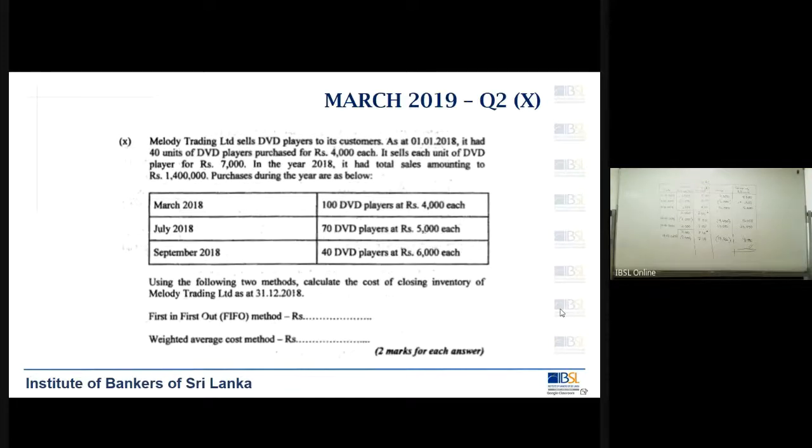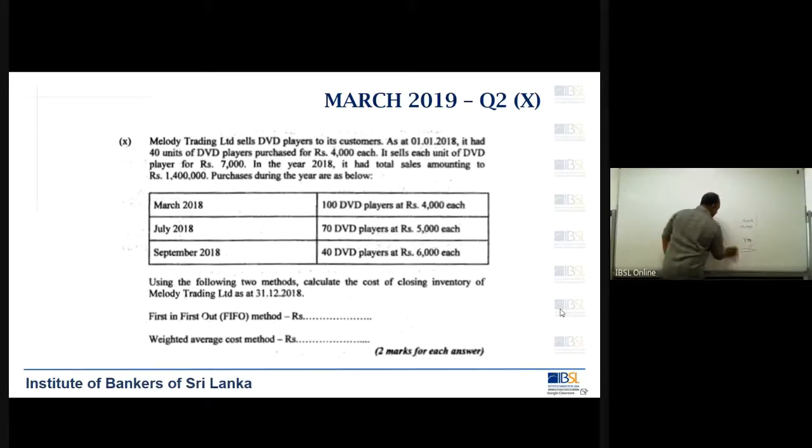So if you look at this question, they say Melody Trading Limited sells DVD players to its customers. As at 1/1/2018, it had 40 units of DVD players. So now here this company is starting with the opening balance, because this is a business that had been continuing. Now in the earlier question that we did, we didn't have an opening balance.